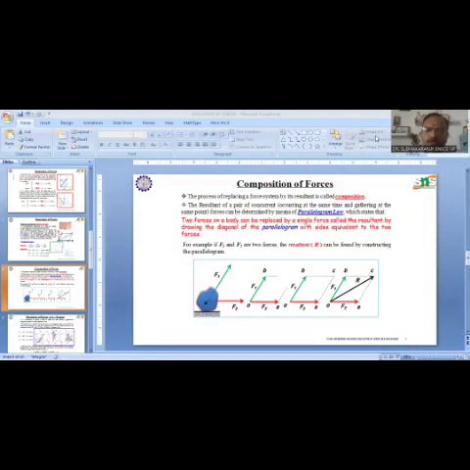The composition of forces. What do you mean by composition of forces? The process of replacing a force system by its resultant is called composition.